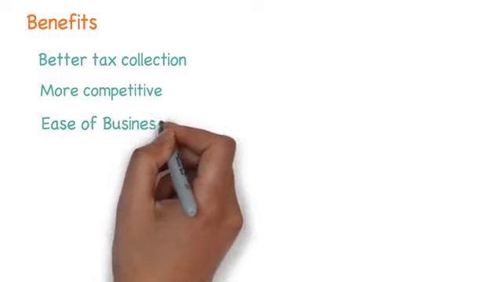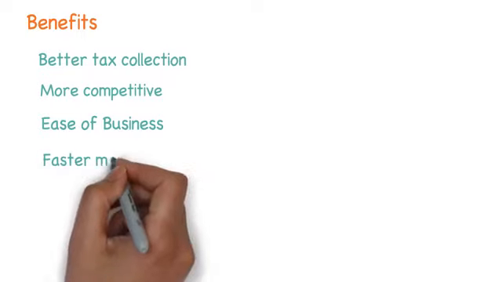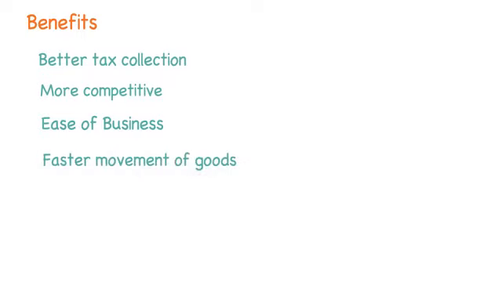Currently, if something is partially manufactured in one state and then completed in another state and then sold in a third state, after adding up the taxes to the final price of the goods, it may be cheaper for the third state to import from China. It is easier for businesses because they only need to deal with one taxman. Goods would also move faster across states because we wouldn't need sales tax check posts across the state borders. Similarly, there are many other benefits.